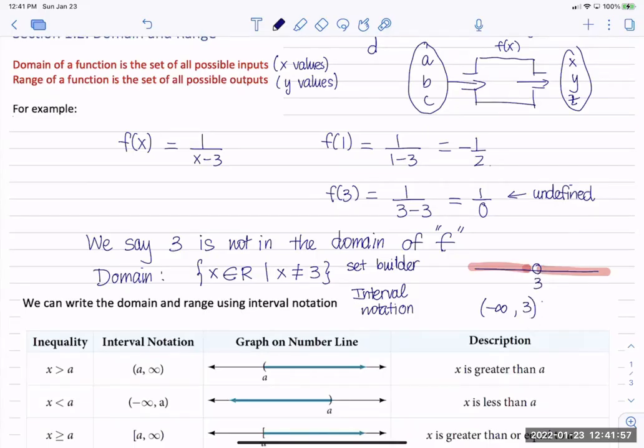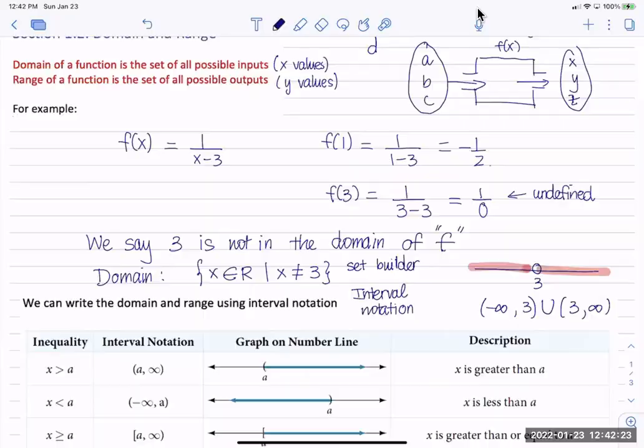I use a U to connect the two intervals because I have one interval here and one interval here. The right side is going to be 3 to infinity. You always have to read the lowest number and then the highest number. There is no highest here because with infinity, you don't know what the max is.